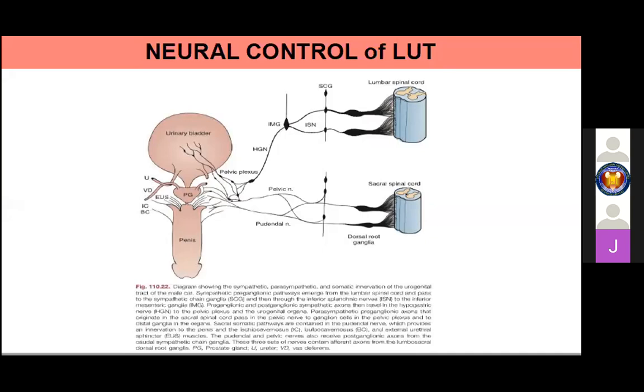And then for the parasympathetic, it passes through the sacral spinal cord and the dorsal root ganglia, and it goes to the pudendal and pelvic nerves.